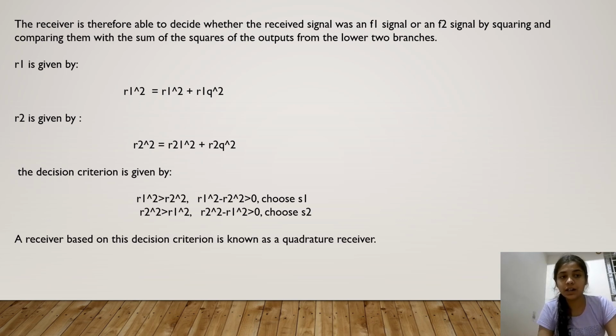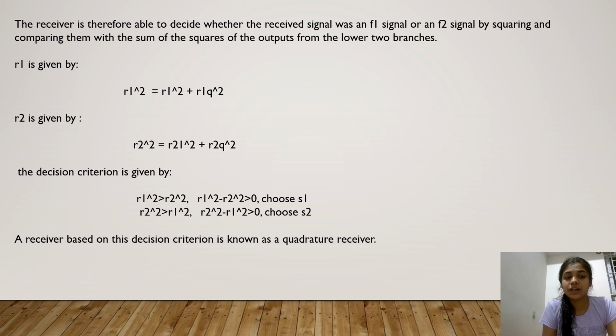This is done by squaring and comparing the outputs with the sum of the squares of the outputs from the lower two branches, where R1² = R1I² + R1Q² and R2² = R2I² + R2Q².